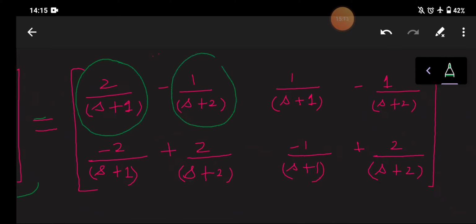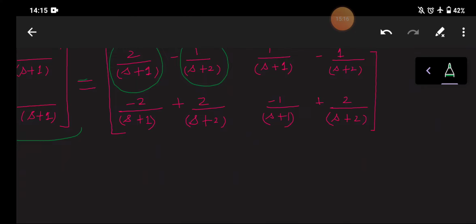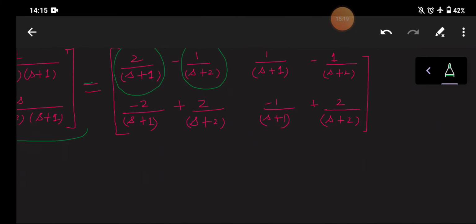Okay, so for the first term, the Laplace inverse will be written from this formula.